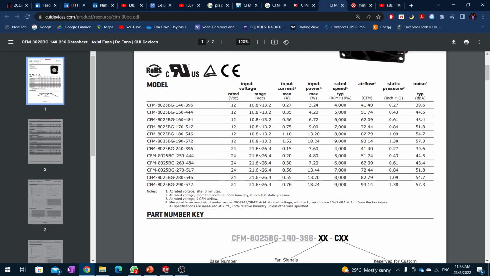Okay, so as we all know, the fans that we are choosing right now are this fan or this fan, because they both have the same specification. This fan has a maximum rotation speed of 8000 rpm, maximum airflow of 82.79 cfm, and maximum static pressure of 1.09 inch H2O or 271 pascal.